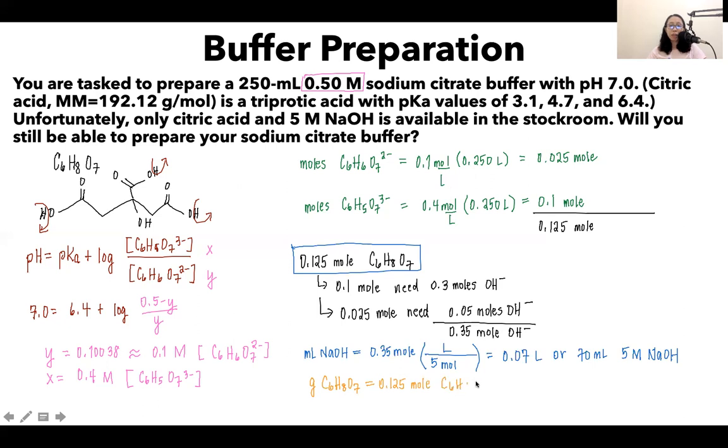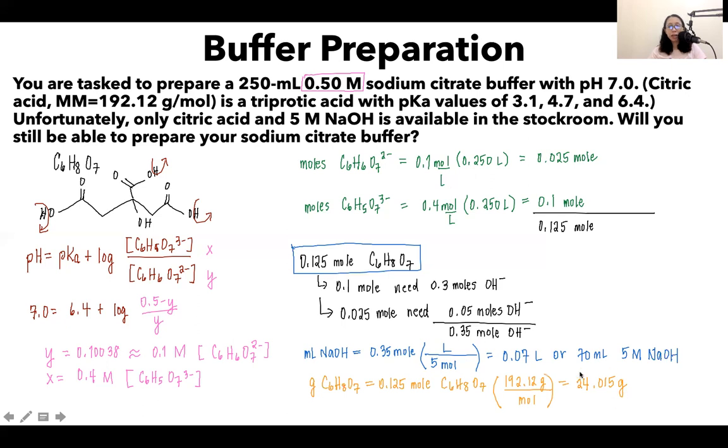And to get the mass, we just use the given molar mass of citric acid, which is 192.12 grams per mole. And this will give you a value of 24.015 grams.